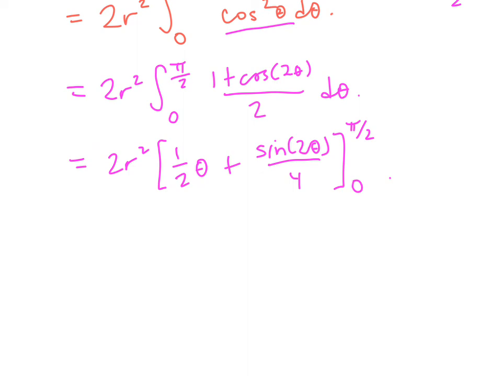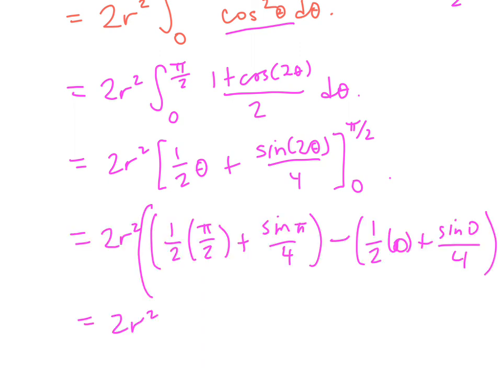So we're going to have 2r squared times 1/2 pi over 2 plus sine of pi over 4, minus 1/2 of 0 plus sine of 0 over, oh, not theta, 0 over 4. There we go.